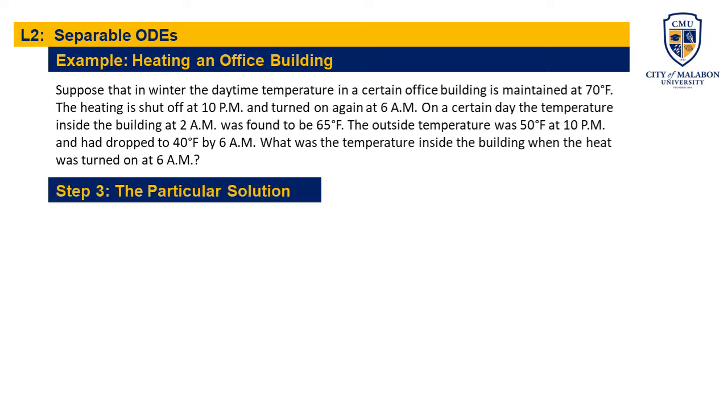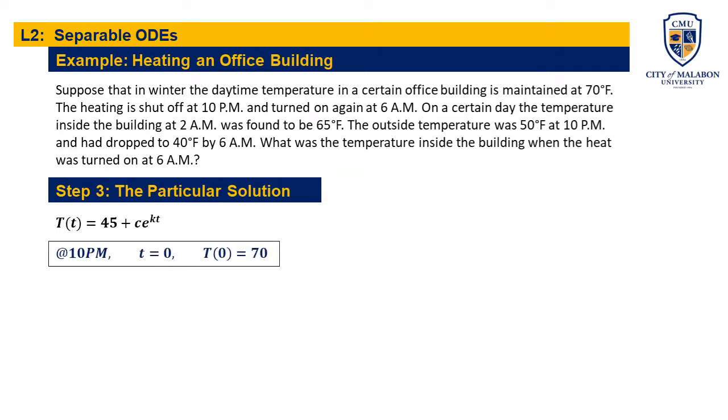So after getting the general solution, we then have to find our particular solution. Let's present our general solution. To get our particular solution, we will use the experimental values given in the problem as our conditions, or our initial value problem.